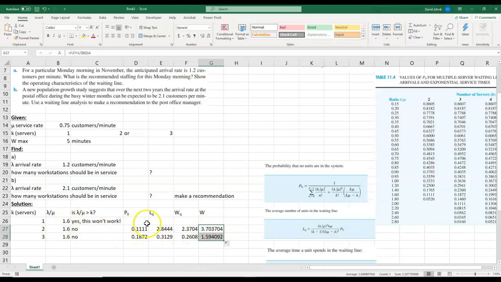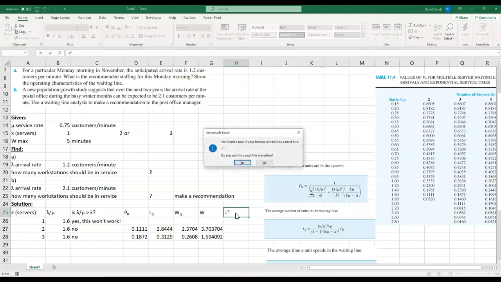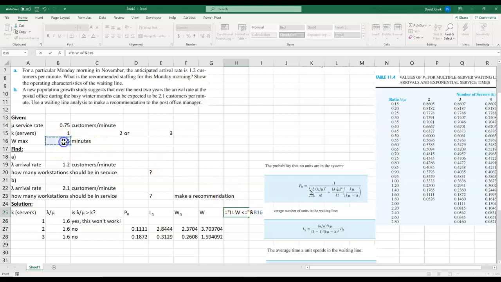So, and then finally we could say equals, I'm going to make it like this, equals, my caps lock is on, I think, is W less than or equal to, and I'm going to click on this and F4 it, and question mark.